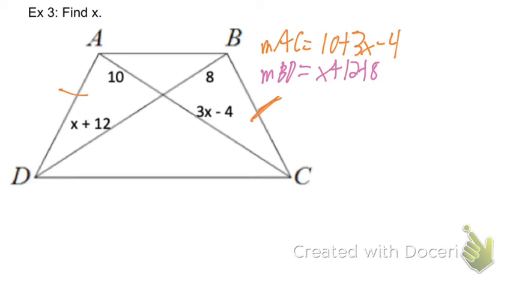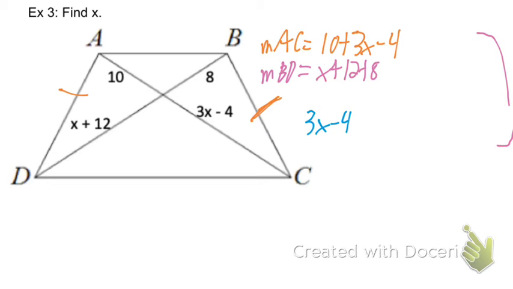Now, raise your hand on this one. If we know those are the two measures, and we know the two measures have to be the same compared to each other, so we set them equal. Raise your hand to tell me the equation here. Not 3x minus 4 equals 10, that would be saying that A to C is cut in half.